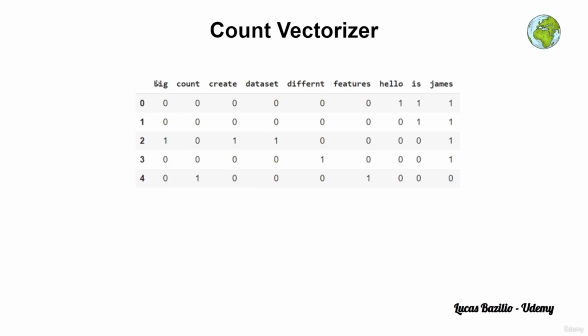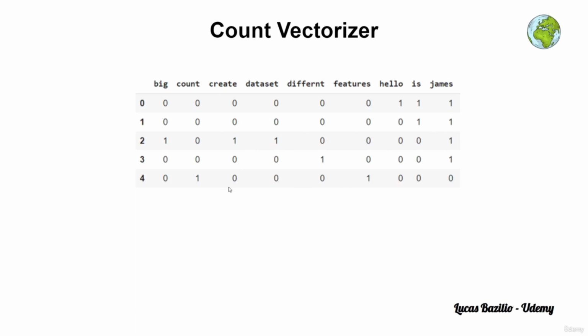If this word appears inside this document or not. For instance, the word big does not appear in the document 0, neither in the document 1, but the word big does appear in the document 2. For the word count, the same thing. It doesn't appear, and here in document 4, it does appear. For the word grade, the same thing.